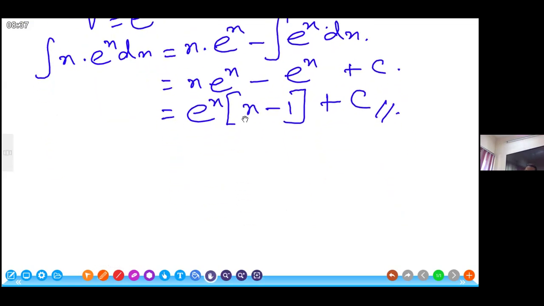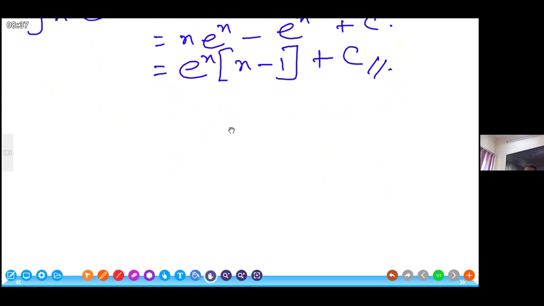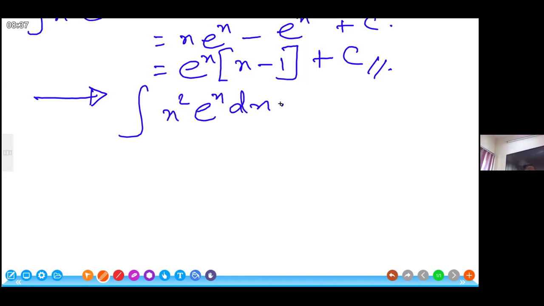Further, we'll do one more example on this line. Can you integrate x squared e to the power x dx? If you integrate x squared e to the power x, again my dv would be e to the power x dx.